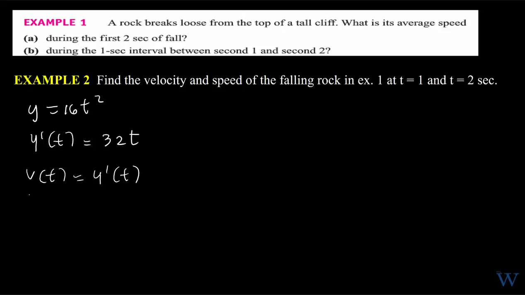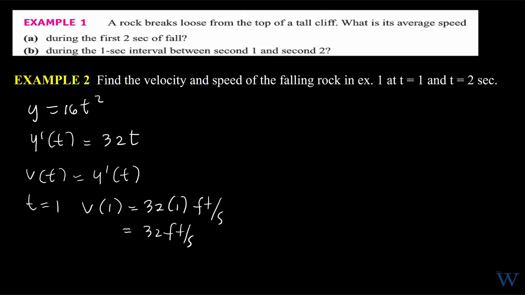At t equal to 1, we just substitute v of 1. That's going to be 32 times 1, feet per second. So that's going to be 32 feet per second.